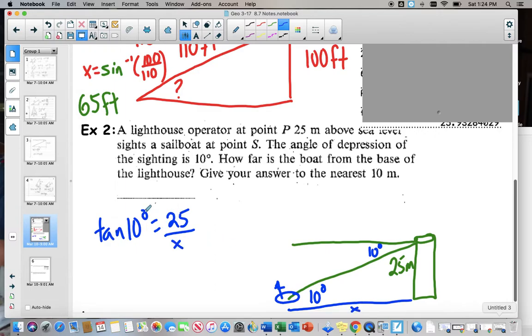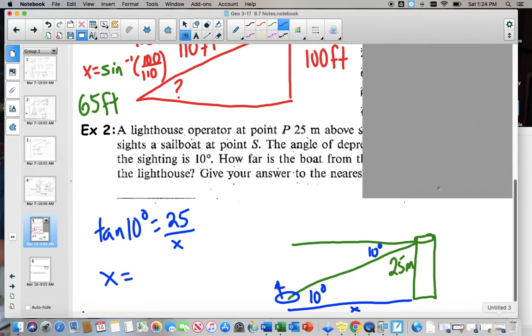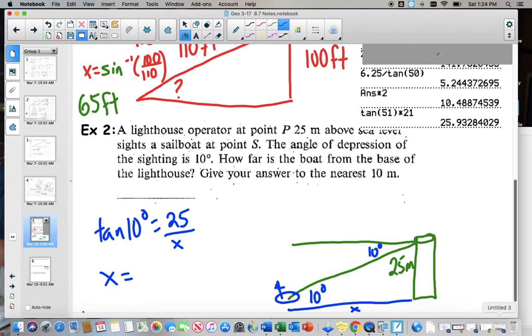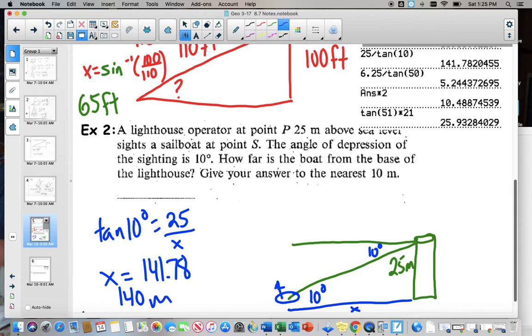I would multiply by x and divide by the tangent of 10 degrees. And so you would get x equals, and in this problem I believe they said round to the nearest 10 meters, so that would be 140 meters.